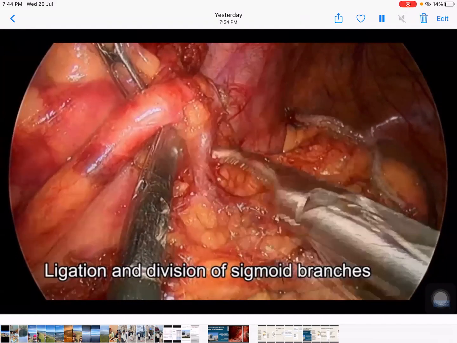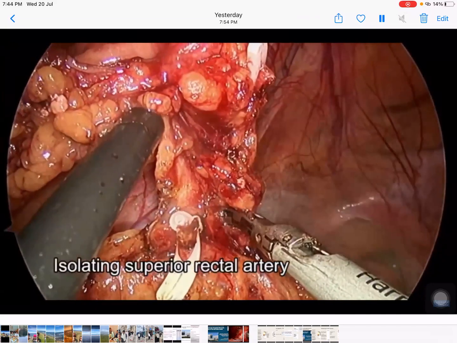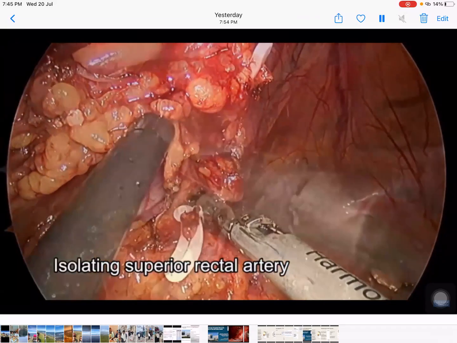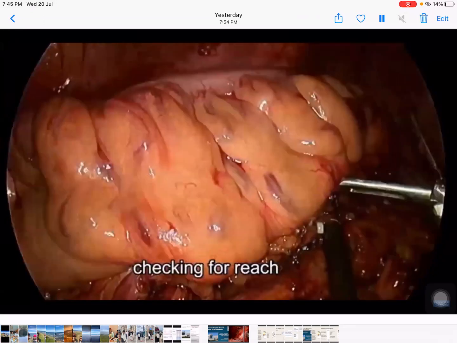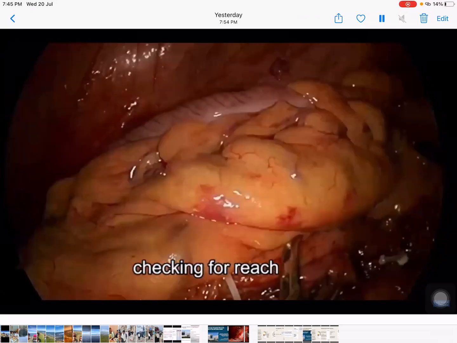So here, for the distal branches, we first transected the colon and took the distal branches later on. So it becomes easier because all your job is to just protect the superior rectal artery. Then you can see the length of the colon which is there, and you can take a 10 centimeter proximal margin.